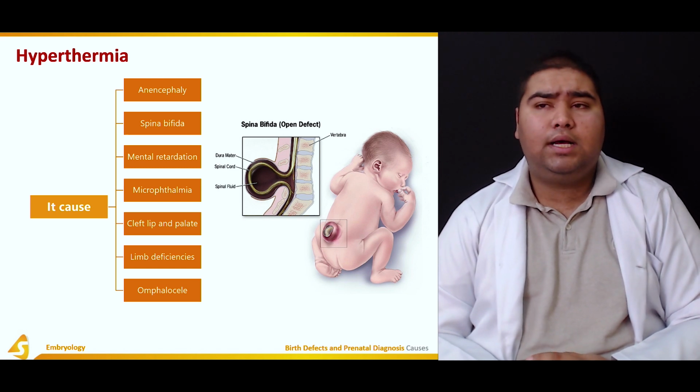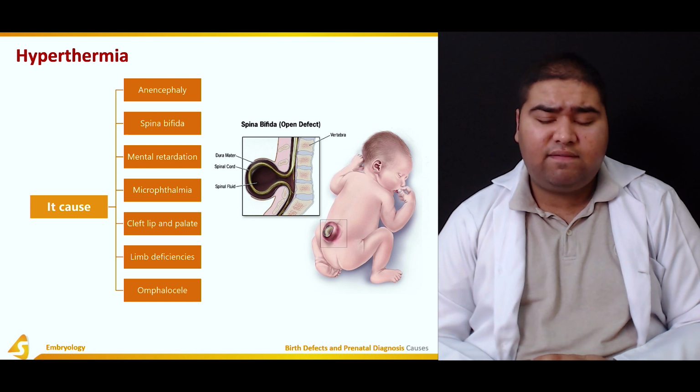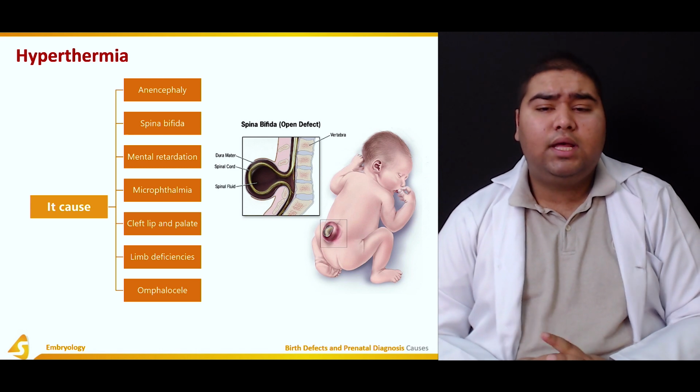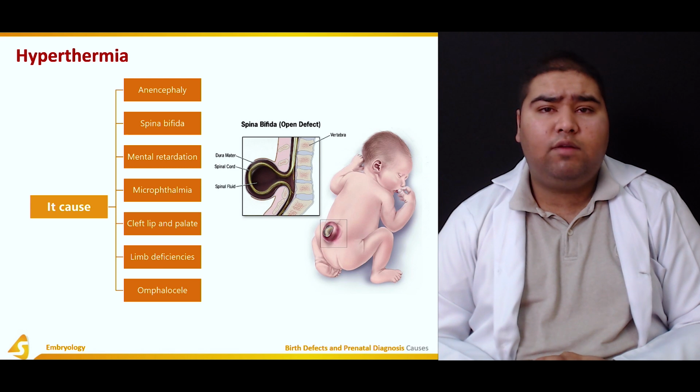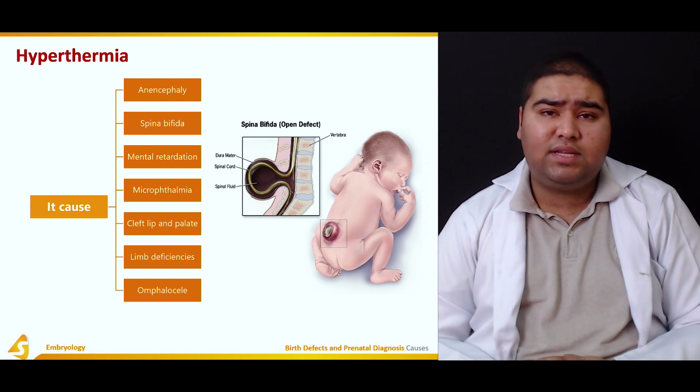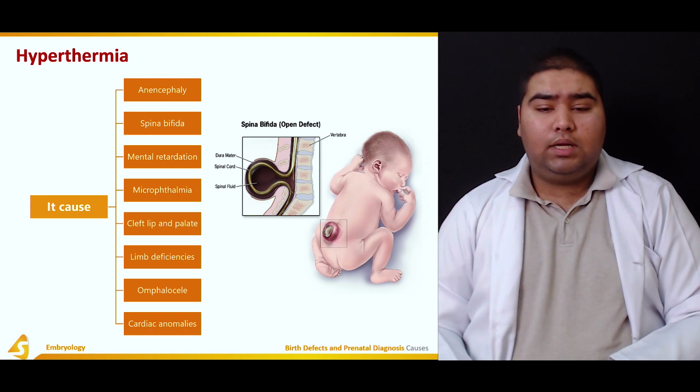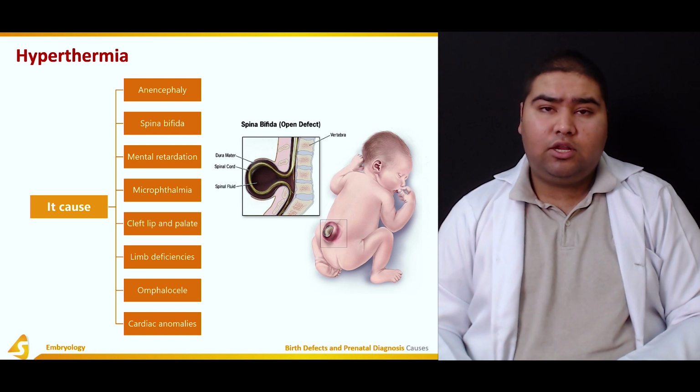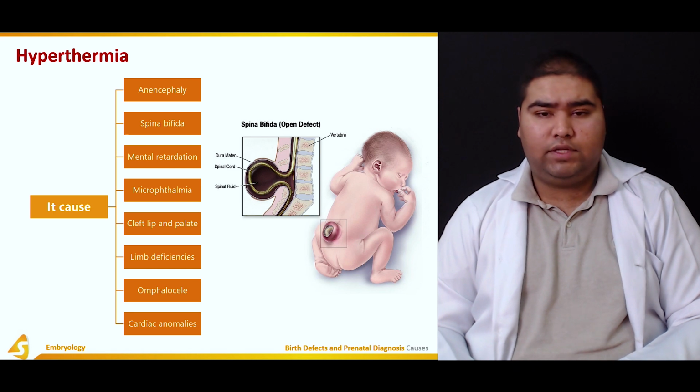It varies. The patient may survive or may not survive, depending upon the chromosomal involvement and the presence of other defects. So lastly, we have cardiac anomalies, which can occur along with omphalocele or individually.